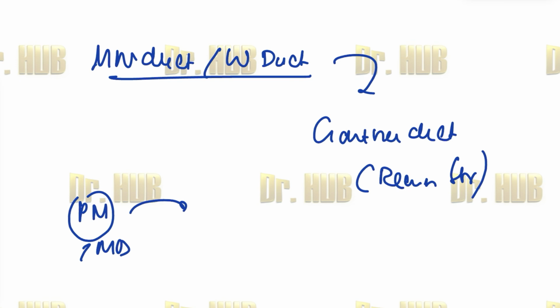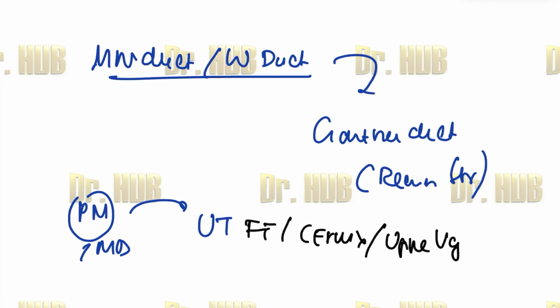So this gives rise to the uterus. There is also the fallopian tube. There is a cervix, as well as the upper vaginal wall.